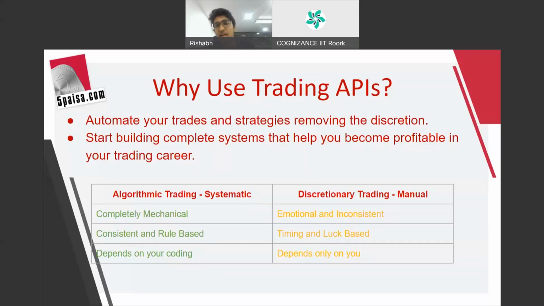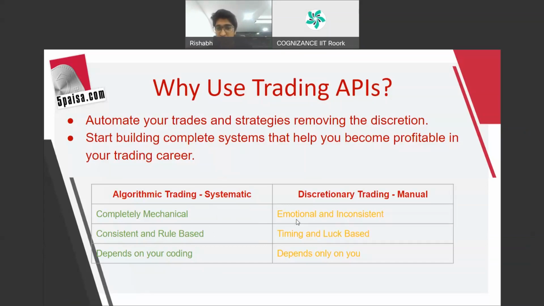So why can't a computer, why can't a bot do the trading for me? That is a concept, and that's where we use APIs to send your orders from our system to the broker's terminal. And what orders, this will be described over here.